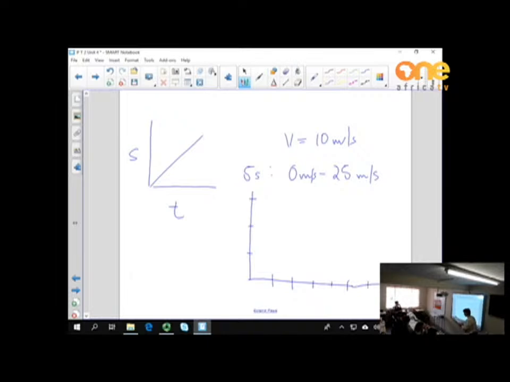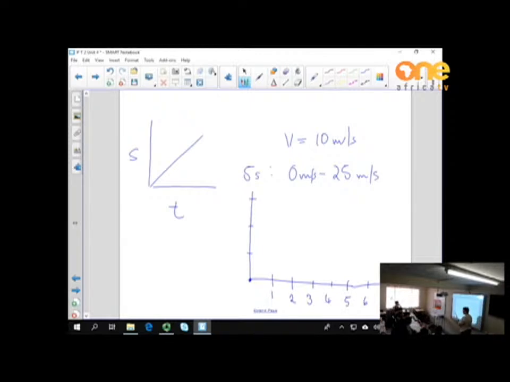All right, so the motion of the car, they say, the runner runs at a constant speed of 10 meters per second from the start of the race. During the first 5 seconds of the race, the car's speed increases from 0. Well, for the first 5 seconds, we have 1, 2, 3, 4, 5, 6, 7.